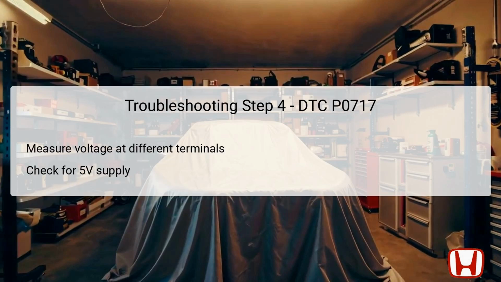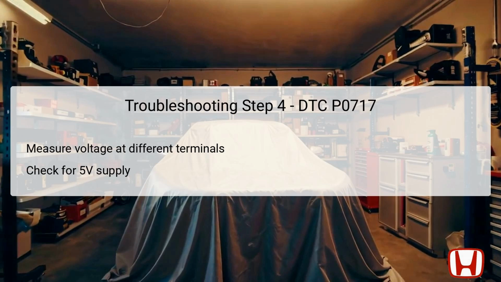During this step, the focus shifts to measuring voltage at different terminals of the torque converter turbine speed sensor connector. The vehicle should still be in the on mode with the connector disconnected. You will check the voltage at test point 1, female terminal number 1, against test point 2, female terminal number 3.